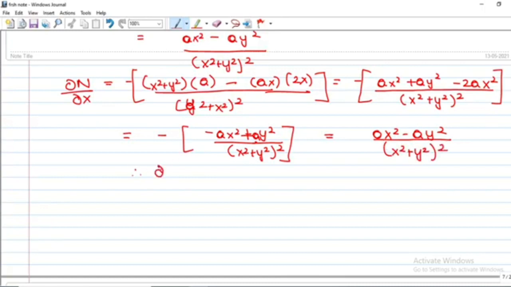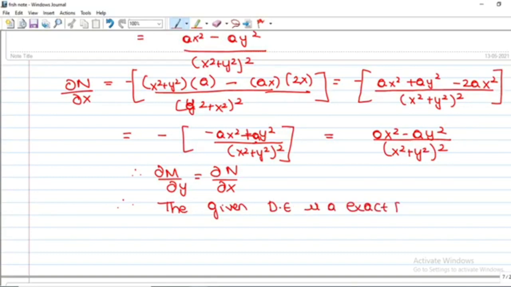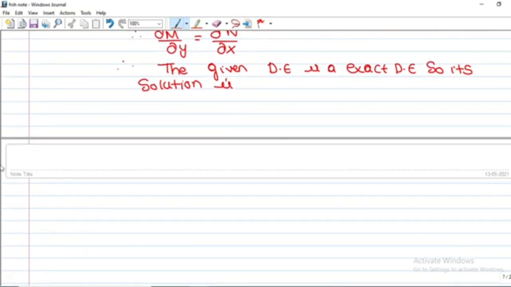Therefore, the given differential equation is an exact differential equation. So its solution is, how we will get the solution of this? Using that formula which was integral.